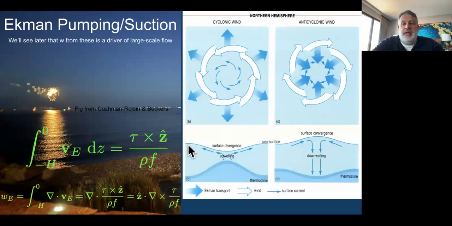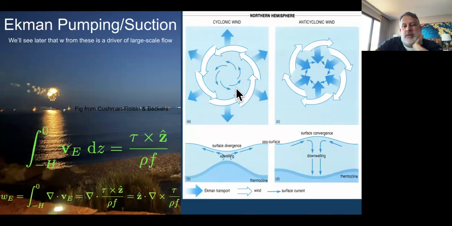The beautiful illustration that they have of this effect in the Collings book really focuses on the curl character. Imagine if you have a cyclonic wind pattern, like maybe a hurricane. What happens? Well, that hurricane is going to drive outward Ekman transport all the way around.